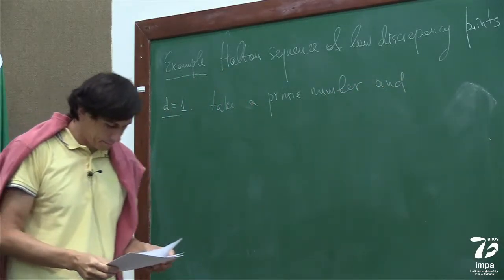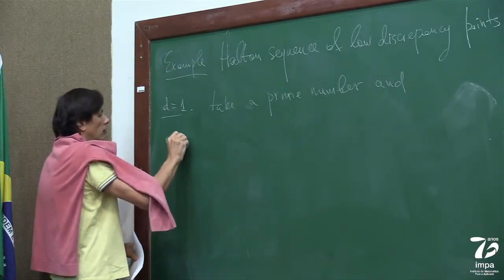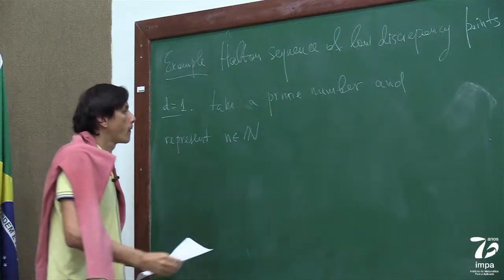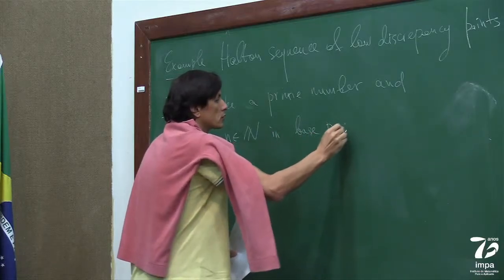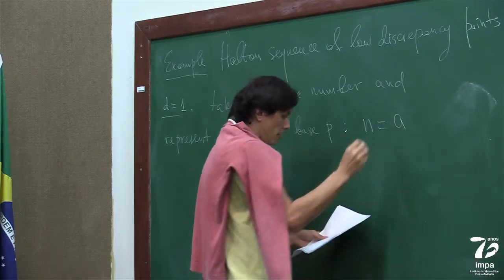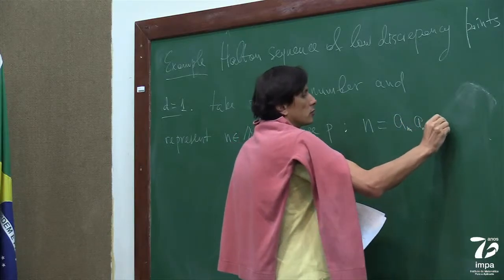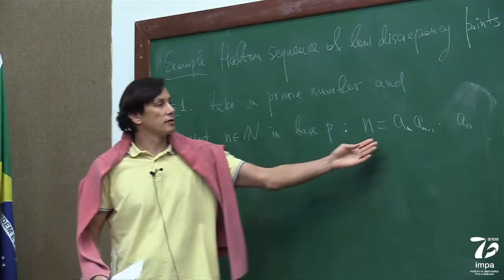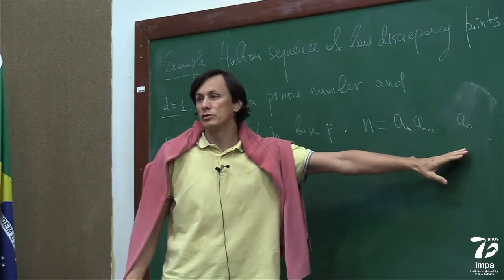And represent any natural number in base p. So what it means is that n equals a_m, ..., a_1, a_0. For example, if p equals 2 it's binary, and if p equals 10, it will be the decimal representation of a number.